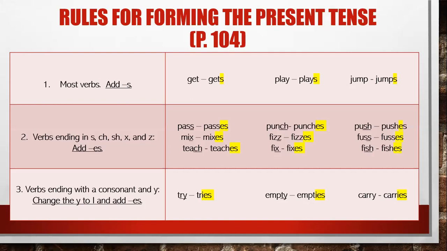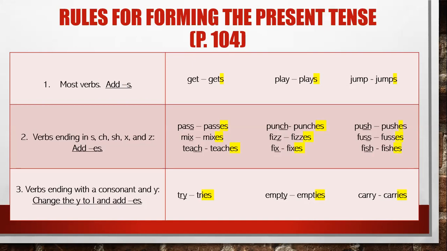A verb. Okay, so here it talks about verbs ending with a consonant and Y, and let's just do a little review on what a consonant is. If you were to say the alphabet, A, B, C, D, E, F, G, H, I, J, K, L, M, N, O, P, and you know the alphabet, you would remove the vowels.